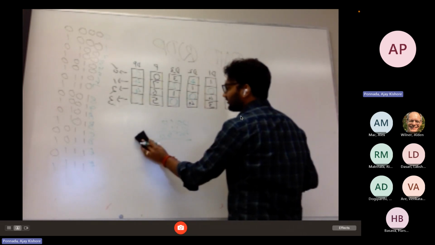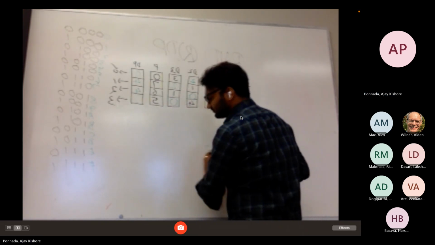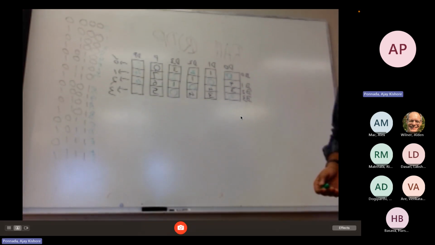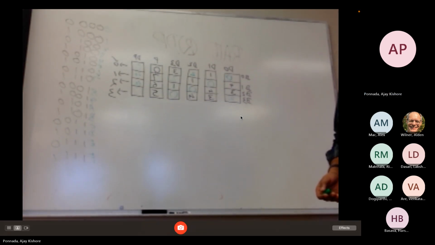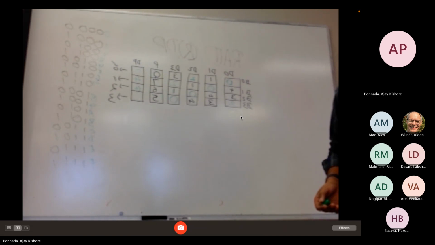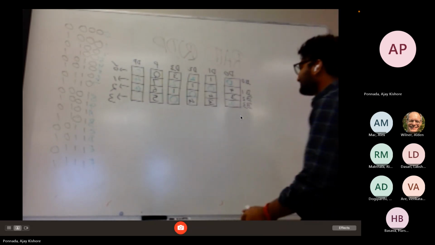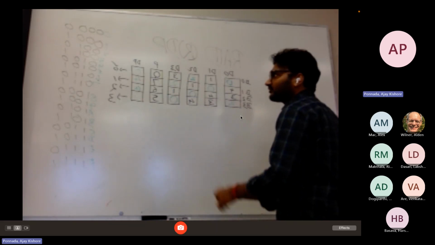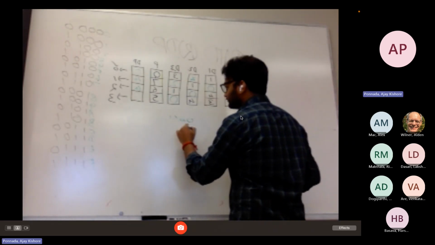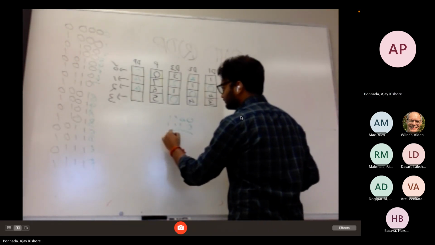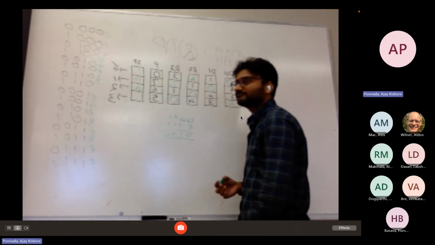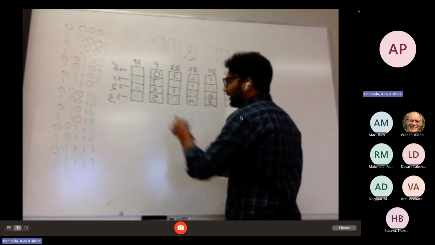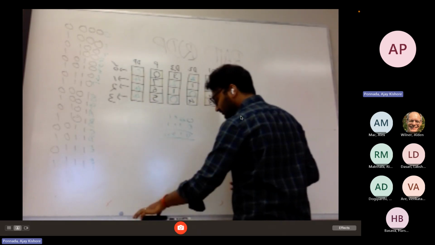And what's diagonal stripe 3? 3 XOR 7. Now we have calculated our parities and diagonal parities.